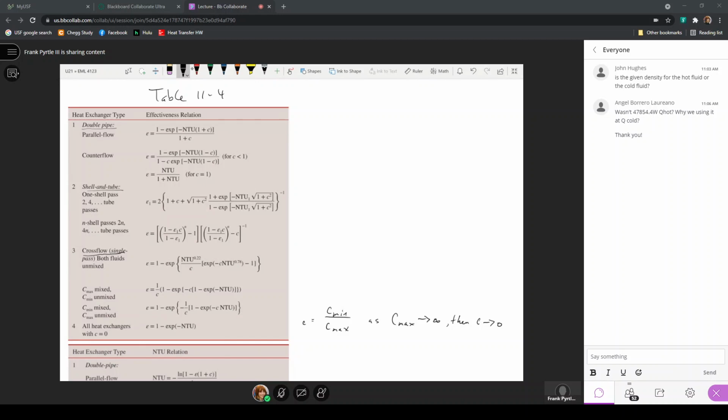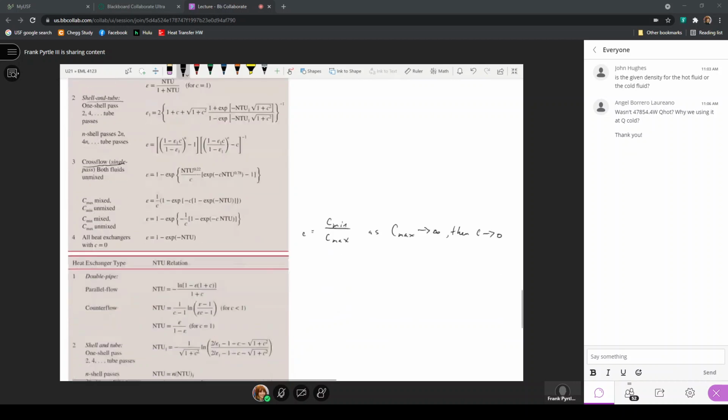So the expression for the double pipe parallel flow heat exchanger reduces to the last expression here, for C equals 0. But each one of these expressions of the effectiveness is written in terms of the number of transfer units and the capacity rate ratio. Now, there is another table, table 11.5.